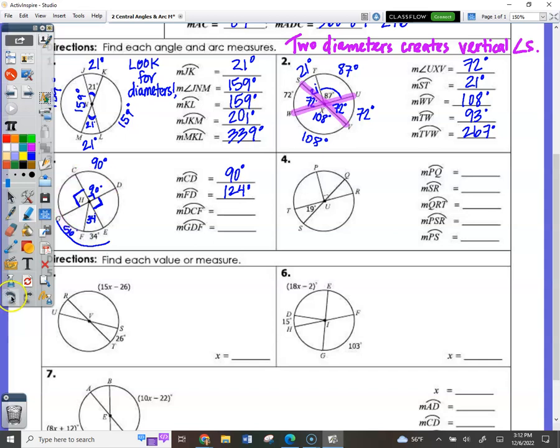So what is that? 236? Yes? All right, G to D to F. G to D, end on F, would be 360 minus 56, so 304.